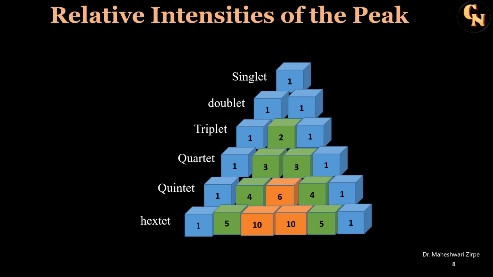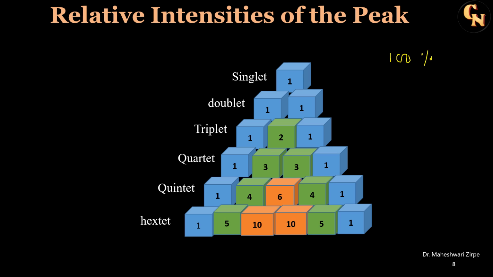So whatever peaks we saw in the previous slide, that is singlet, doublet, triplet, quartet, quintet, these will have some intensity. Singlet has only a single line in the signal, and these whatever I have written here are the ratios. So singlet will have one single line with a full intensity. Then for doublet, suppose we consider the intensity as 100%.